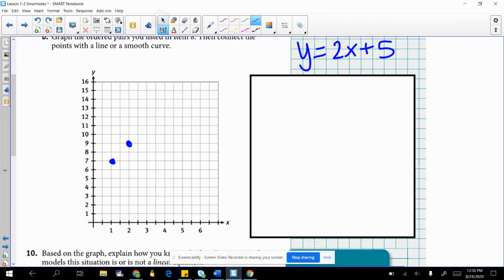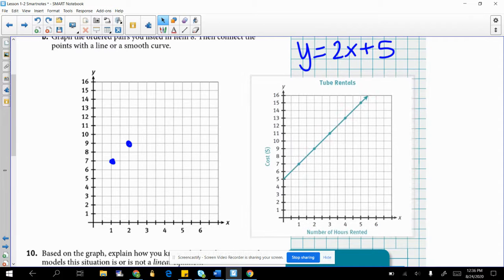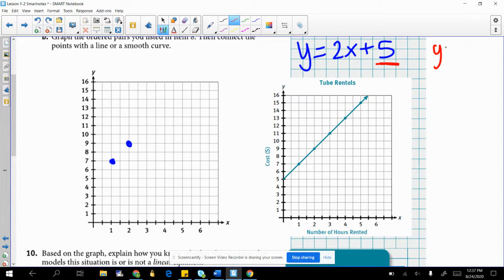All right, so here's a quick look at what your graph should look like when you're finished. Okay, and to answer that question I just asked, this might be a little bit of review, but this value here, or if you're thinking about it as y equals mx plus b, that's the b value, and that's also known as your y-intercept.